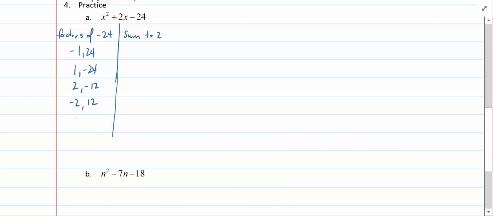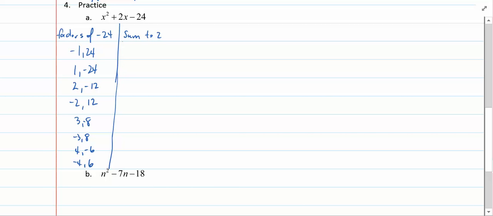We could also use 3 times negative 8, or negative 3 times positive 8. Lastly, we have the option of using 4 with negative 6, or negative 4 with positive 6. These are all the factor pairs of negative 24.